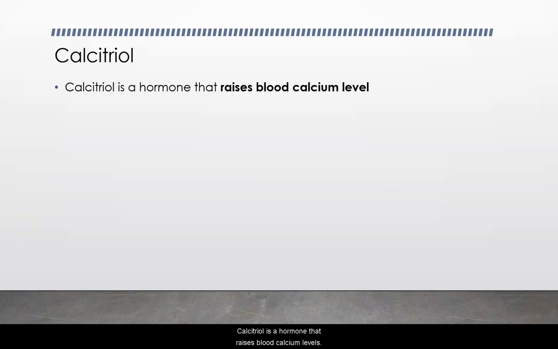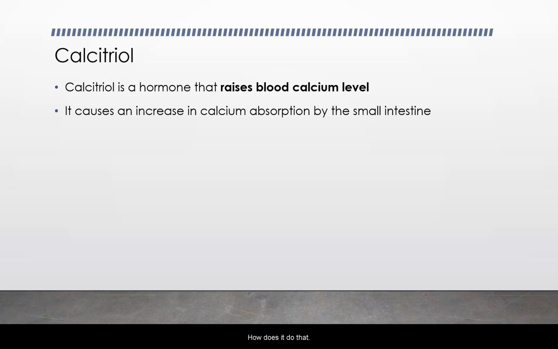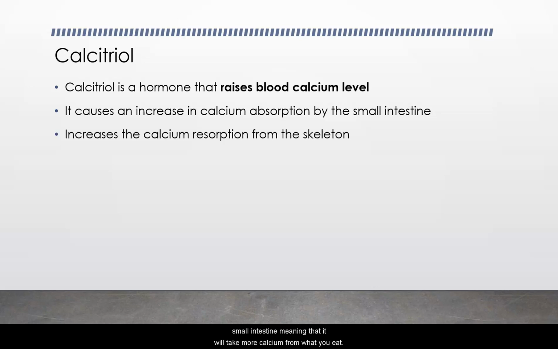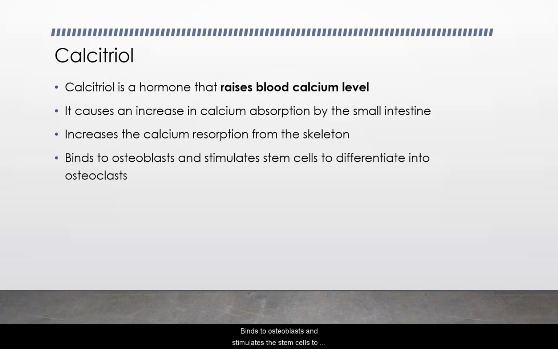Calcitriol is a hormone that raises blood calcium level. Okay? How does it do that? It causes an increase in calcium absorption from the small intestine, meaning that it will take more calcium from what you eat. It increases calcium resorption from the bones of the skeleton. It binds to osteoblasts and stimulates the stem cells to differentiate into osteoclasts.